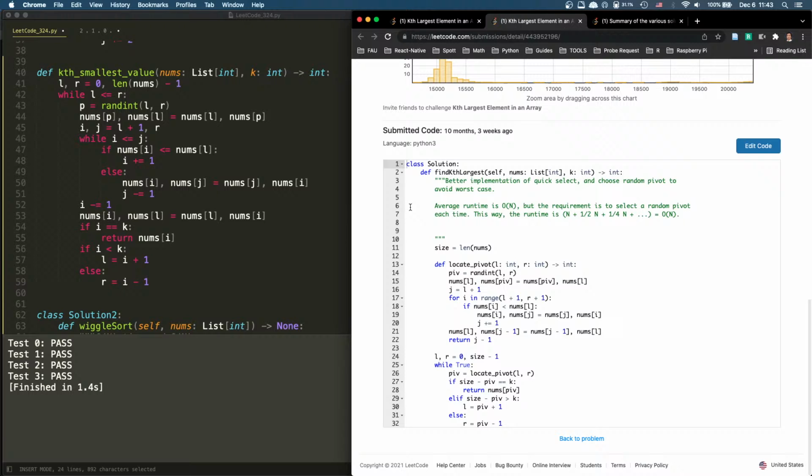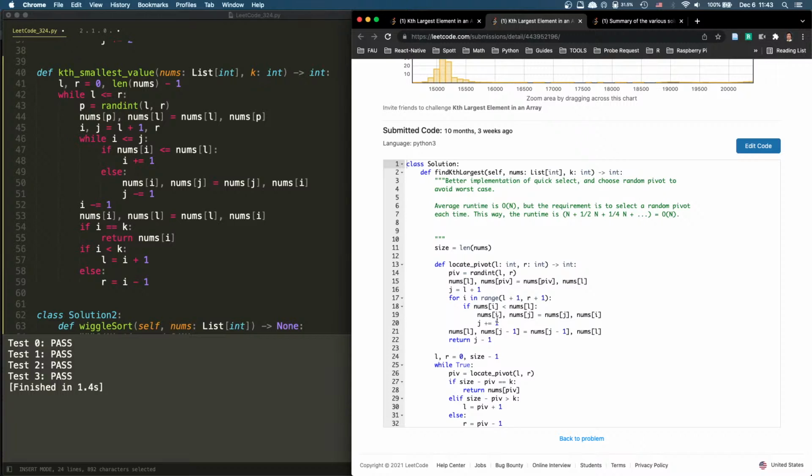We have L and R, which we do I and J. Right? And then we swap it first. Now pivot is random. We swap it. For J in range, if it's smaller, now we do J plus equal 1. Wait, are we not moving I?